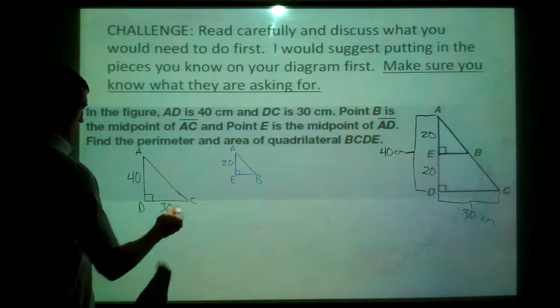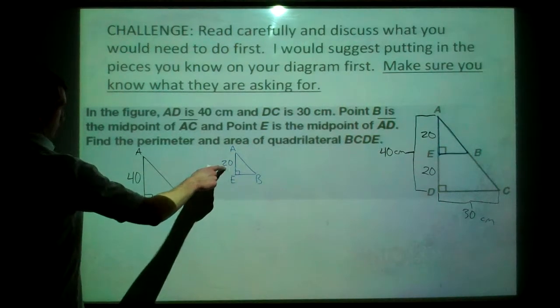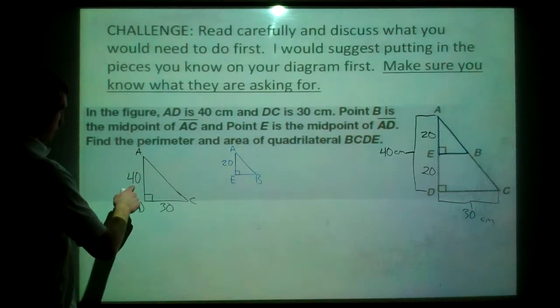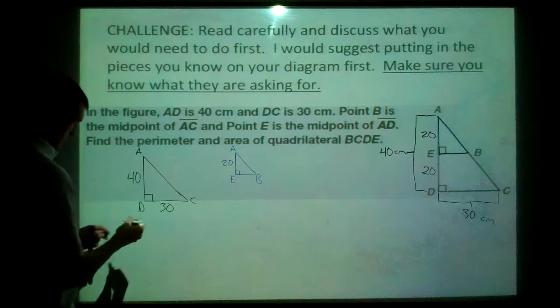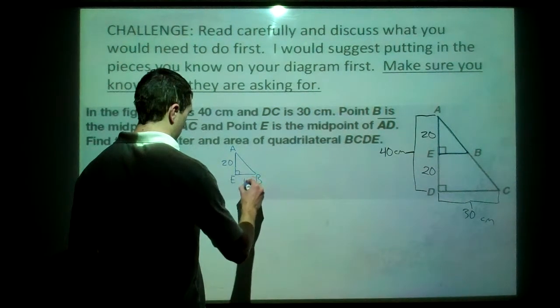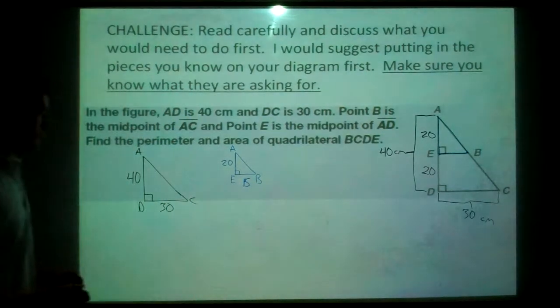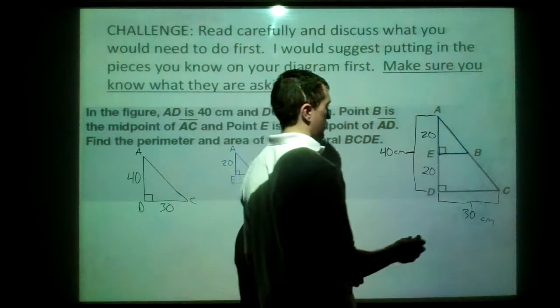So it's double from here to here, which means we can half this. Half of 40 is 20. Half of 30 is 15. So this should be 15 right here. Okay? So now we have another piece to our puzzle.